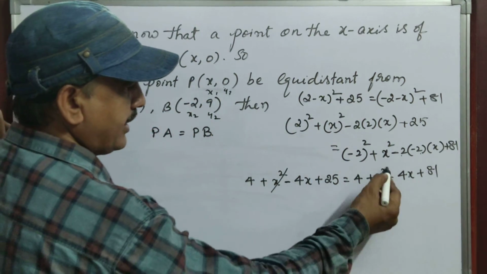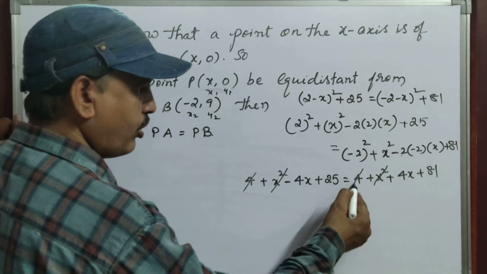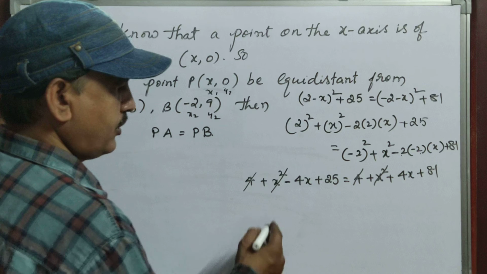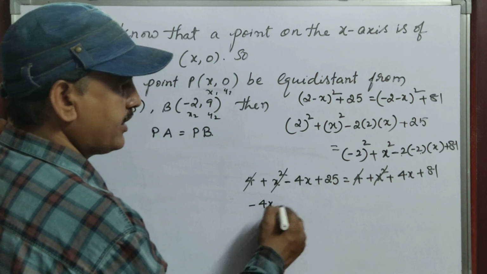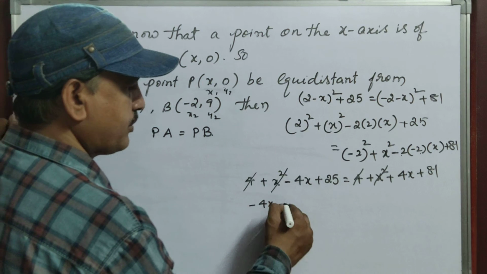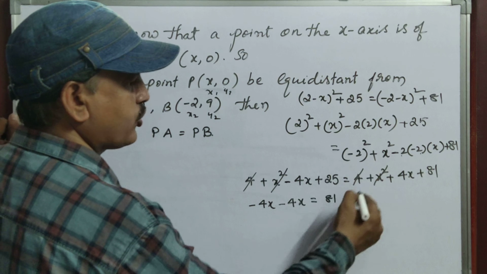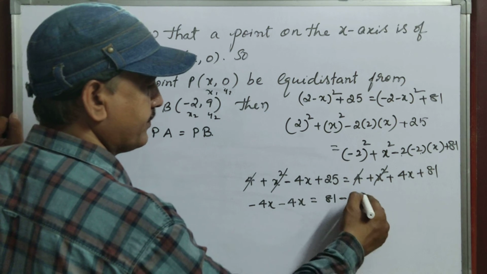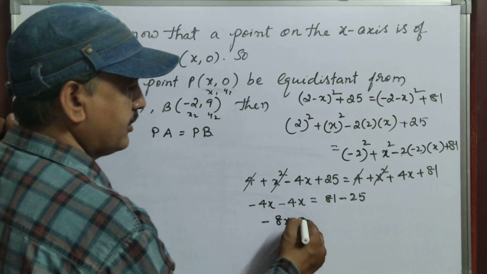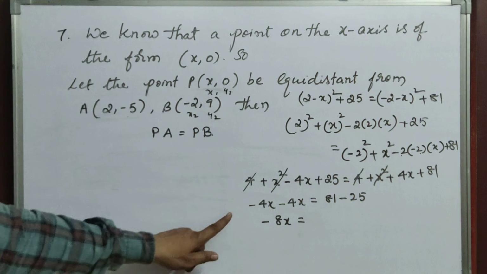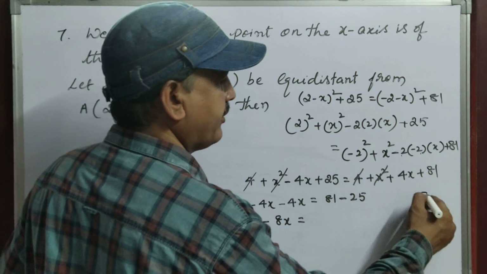X square cancelled, 4 also gets cancelled. Now bring all x to this side and send numbers to that side. Minus 4x minus 4x is minus 8x equals 81 minus 25.